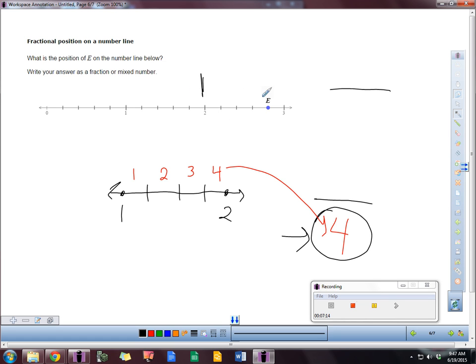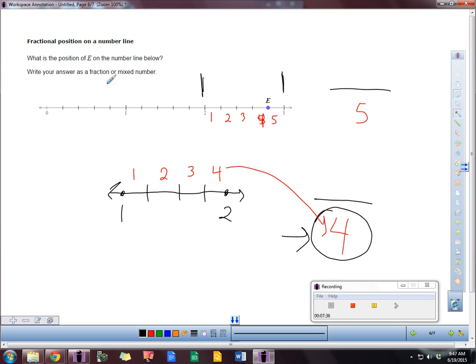I'm right here between 2 and 3, and I want to count how many equal spaces there are. So it looks like there's 1, 2, 3, 4, 5. Since the fraction bars have divided it up into 5 equal pieces, that's going to be my denominator there. Now I want to look at the position.